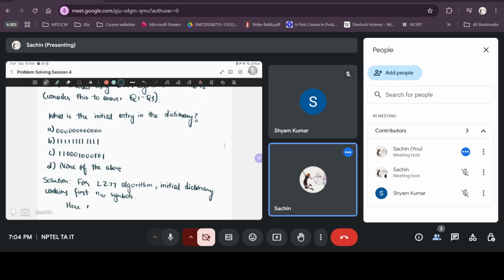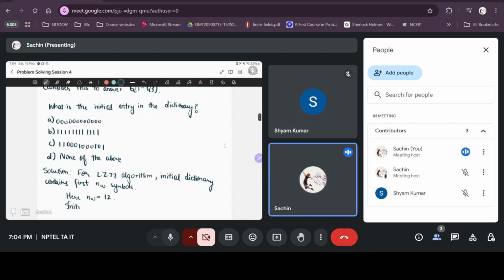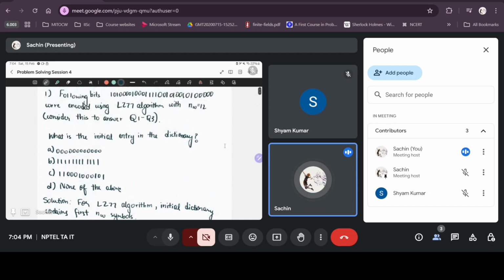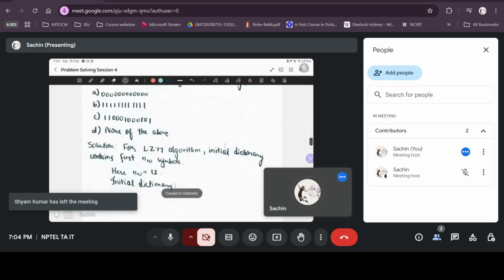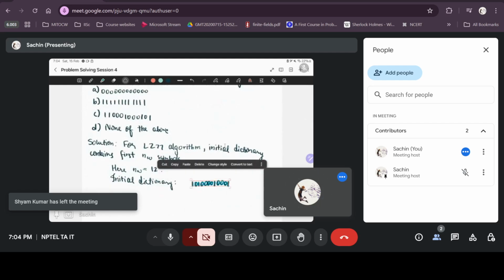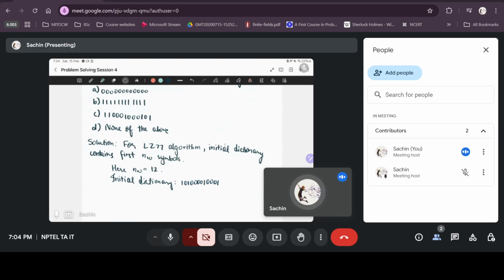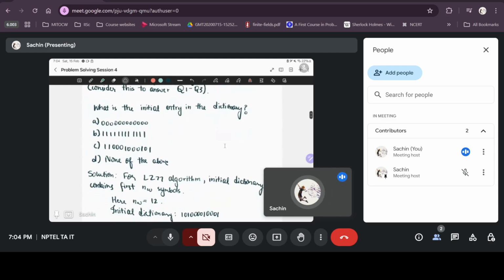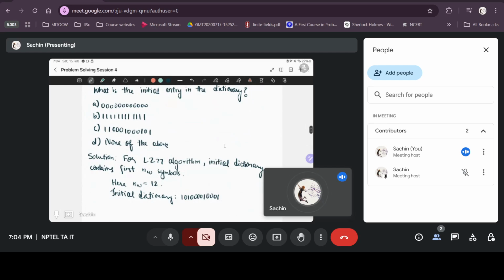Here NW is 12, so the initial dictionary is the first 12 symbols of the sequence that we want to encode. The first 12 symbols are 1010, 0001, 0001, which does not match with any of the first three options, so the answer is none of the above.